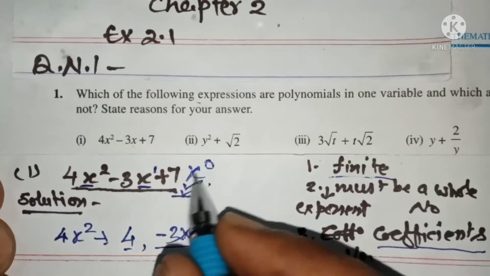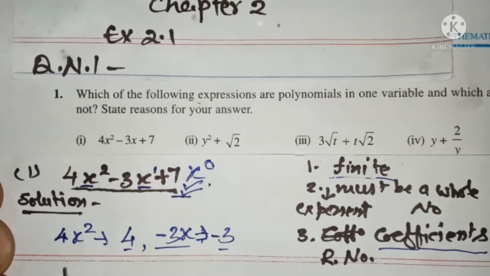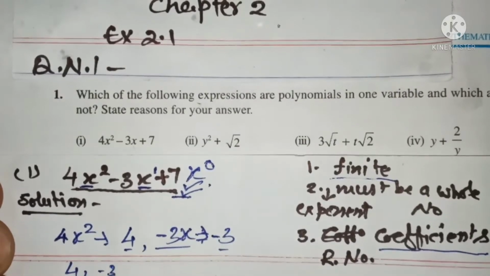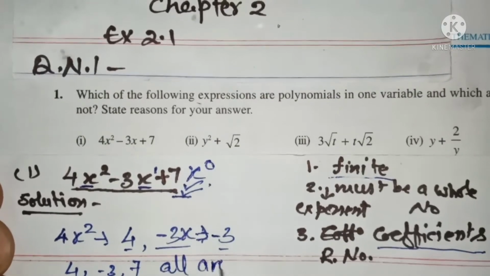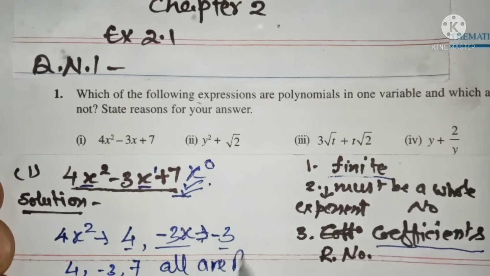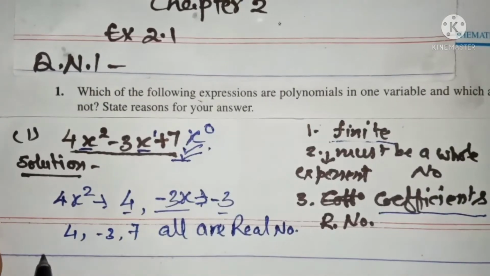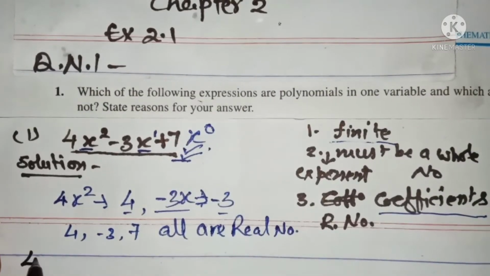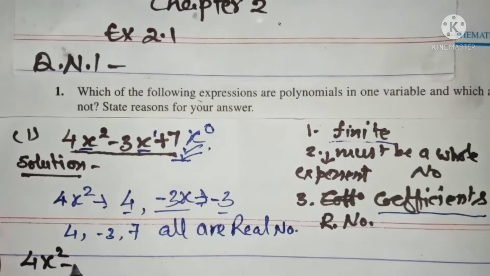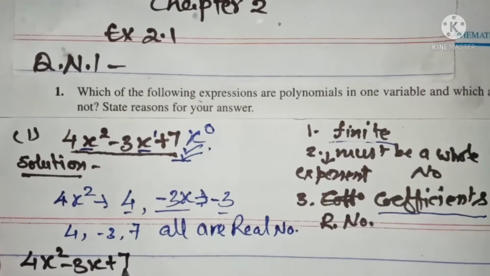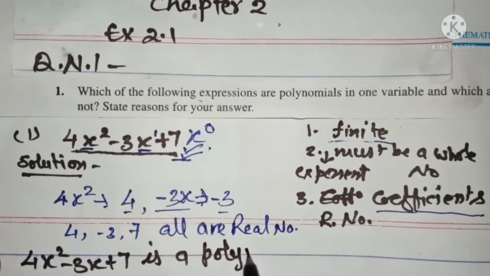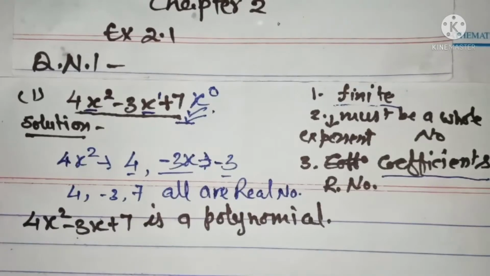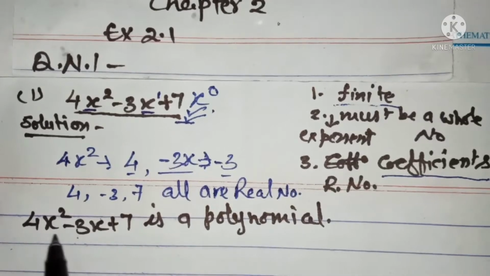In this term the coefficient of x is 7. So 4, minus 3 and 7 all are real numbers. So we can say that 4x square minus 3x plus 7 is a polynomial.